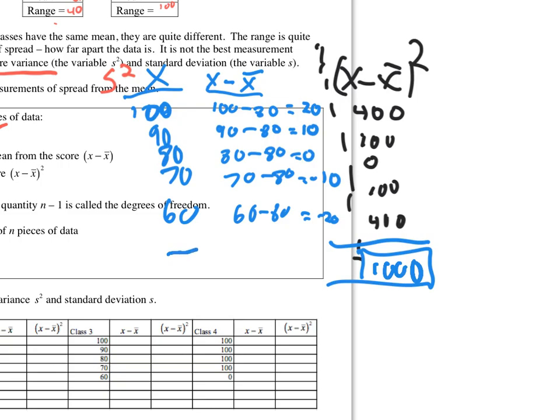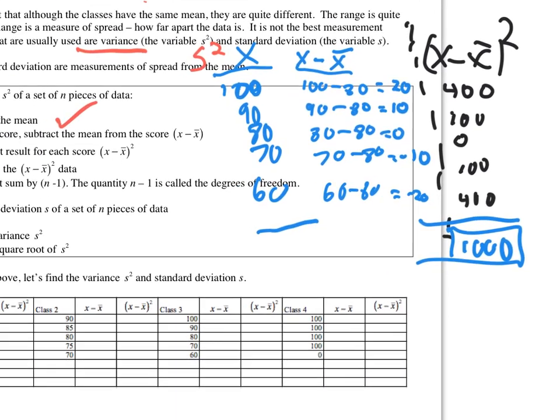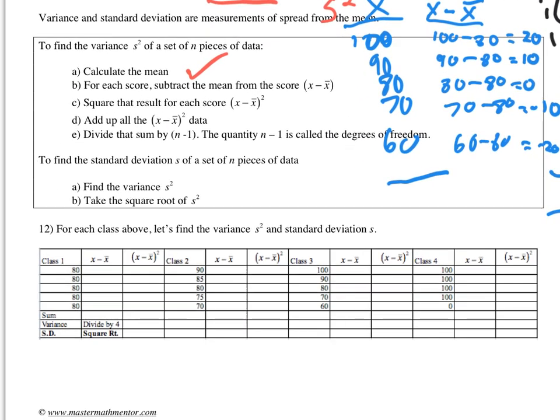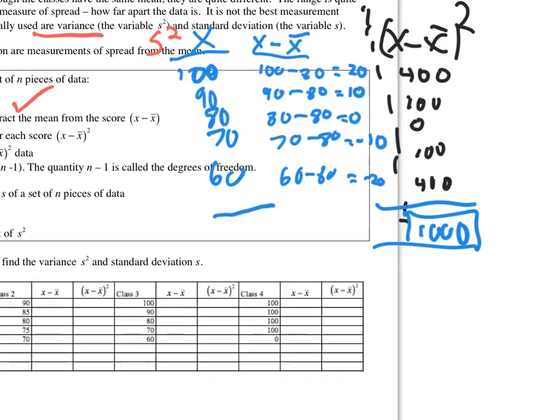So, what does that give me? If you look carefully, to find the standard deviation on a set of n pieces of data, we first find the variance. Then we take the square root of the variance.